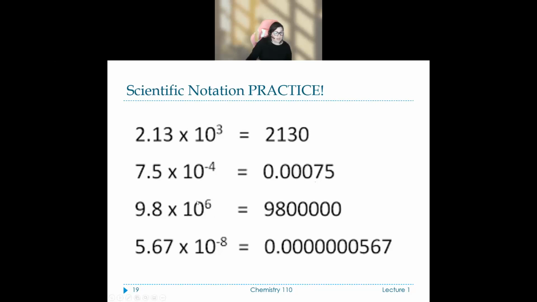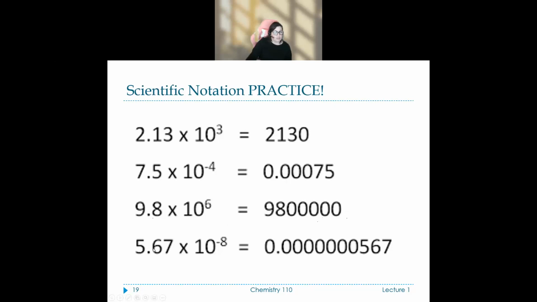Now, when it's positive and I have a number here, I only need to add 5 zeros, because I have one place that I can do with this. So I have 9.8, 0, 0, 0, 0, 0. And then I move my decimal place. 1, 2, 3, 4, 5, 6. And this is the number that I end up with.